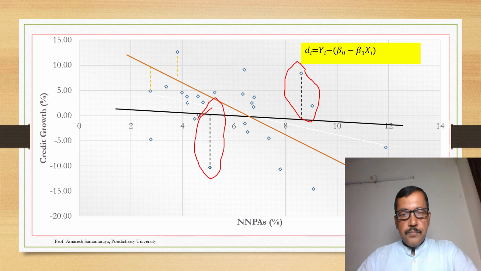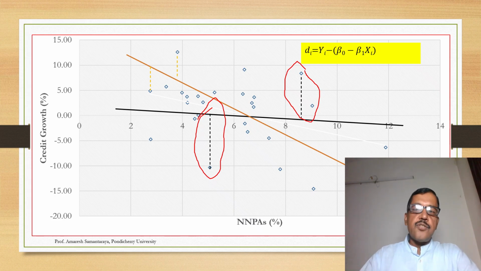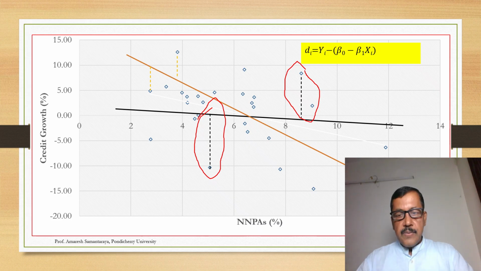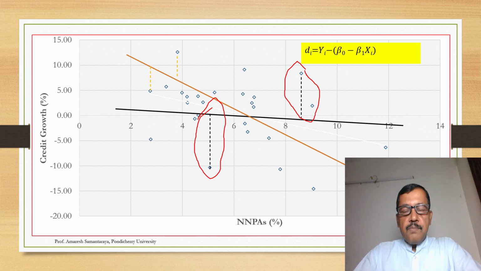Problem number two, when we are calculating the sum of distance this way, some distances will be positive, some distances will be negative. So when we add up, perhaps the sum of those deviations will not be comparable. It may be possible that for a particular line, individual deviations are quite large, but if they're balancing in terms of positive deviations and negative deviations, the sum can be minimum.